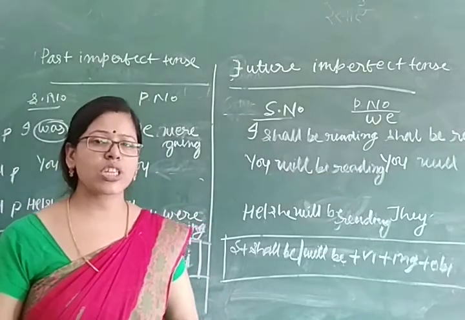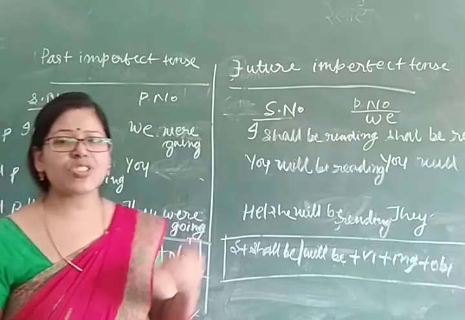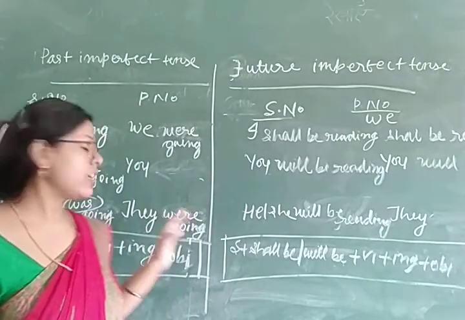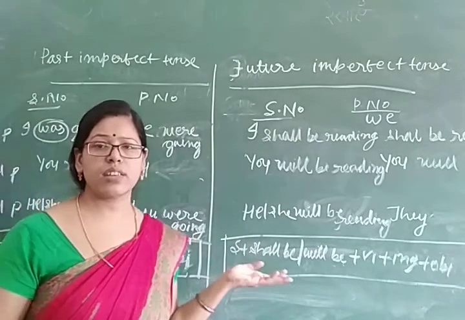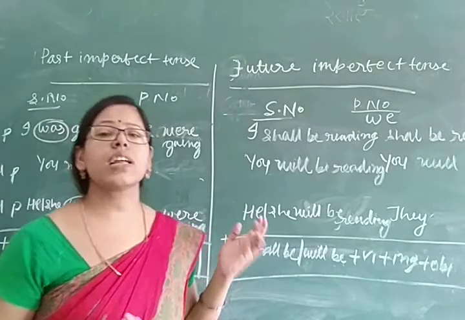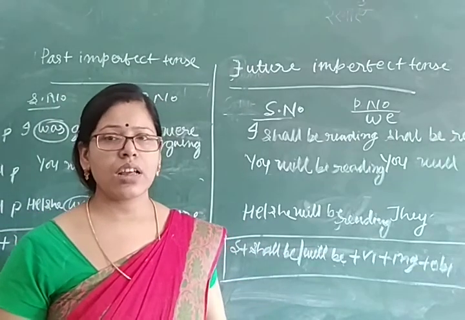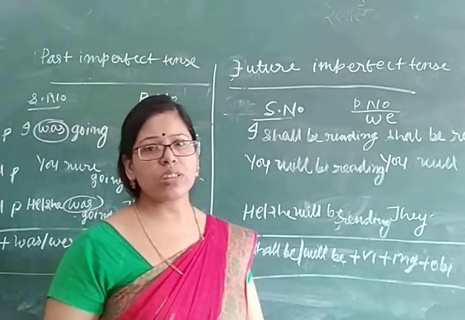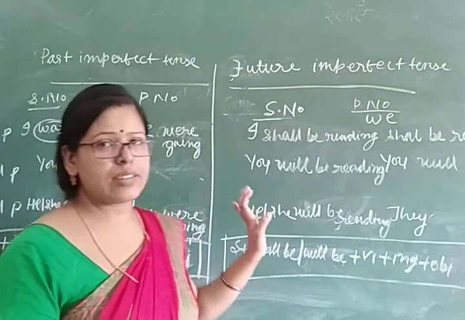What was the action which took place in the past? Like I was going, we were going, she was going, they were going. So if you are getting रहा थे, रही थी, रहे थे at the end of the sentence, it is understood that these are examples of past imperfect tense.